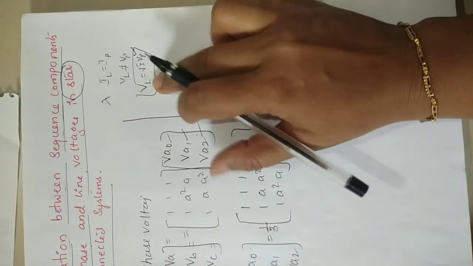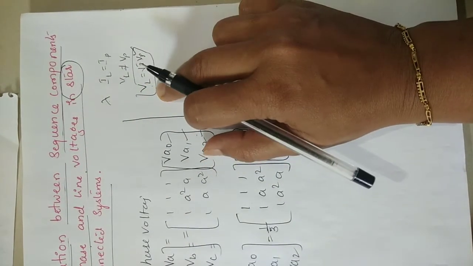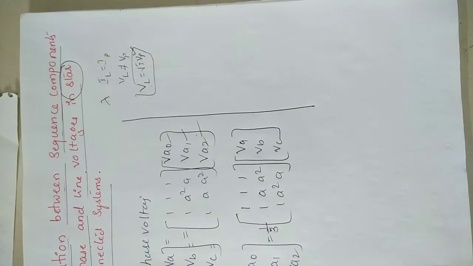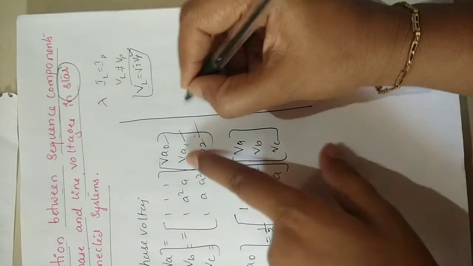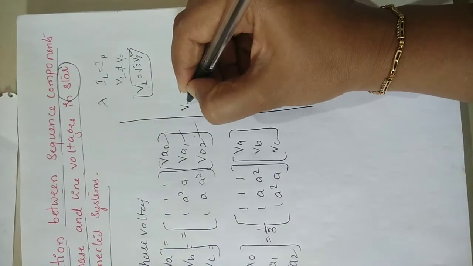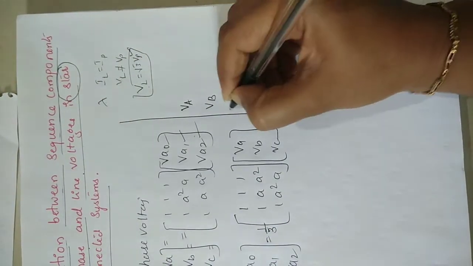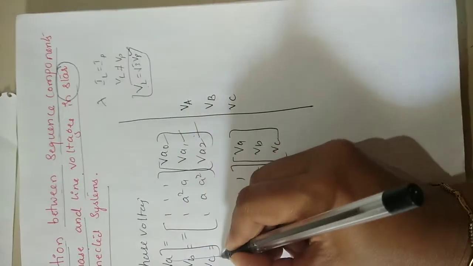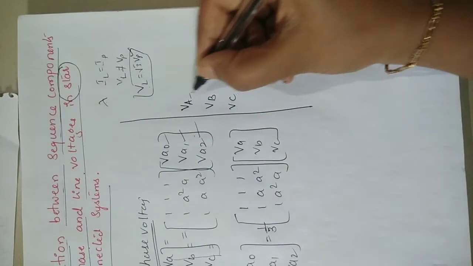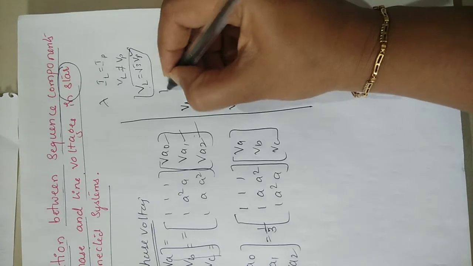This is about phase voltages in terms of symmetrical components. But in star, line voltage and phase voltage are not the same. So first we need to take line voltages and indicate them as VA, VB and VC. Remember, small abc are our phase voltages, capital ABC are your line voltages.